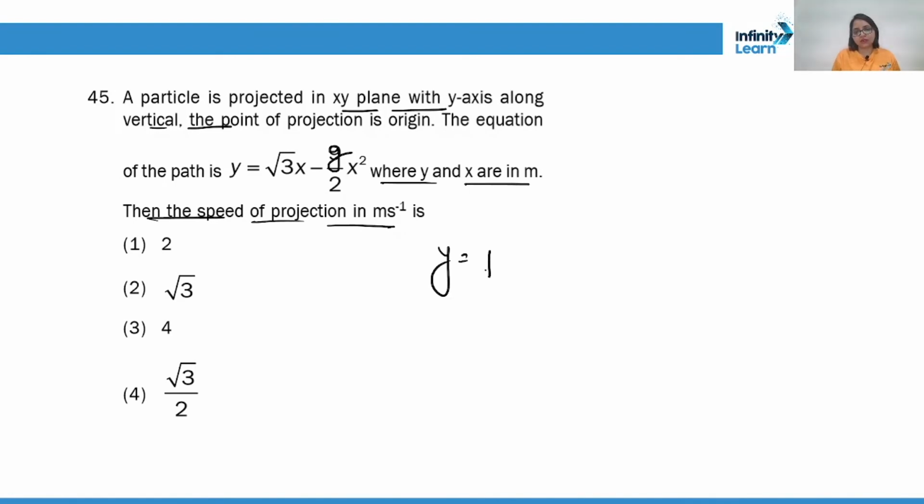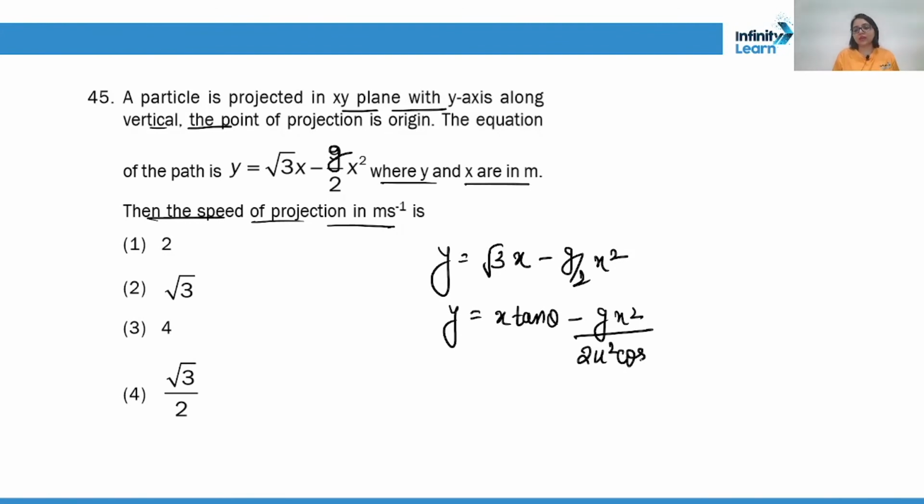So the equation of the trajectory is given as y equals root 3 x minus g by 2 into x square. Let's compare this with y equals x tan theta minus g x square upon 2 u square cos square theta. Right. So in this case, if you compare this term with this term, tan theta will be root 3.